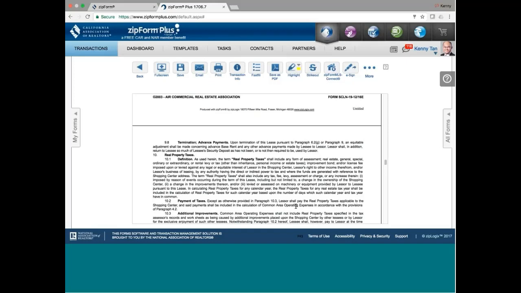So initially, the landlord will pay all the real property taxes, and then the real property taxes that are paid by the landlord will be included in the calculation of the common area operating expense. And from there, each tenant's contribution of the common area operating expense is based on its square footage relative to the total square footage of the shopping center.